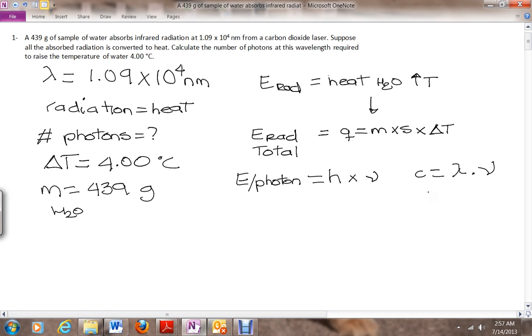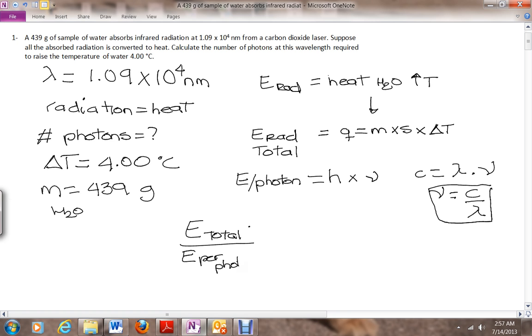So the frequency is equal to c over wavelength. If you have the heat as the total energy and the energy of a photon, we divide the total energy by the energy per photon, and we can find the number of photons.